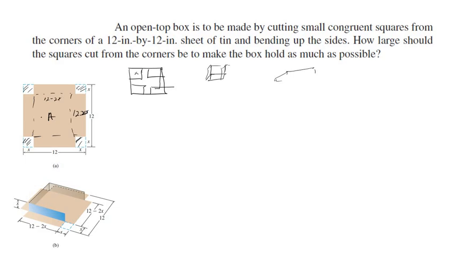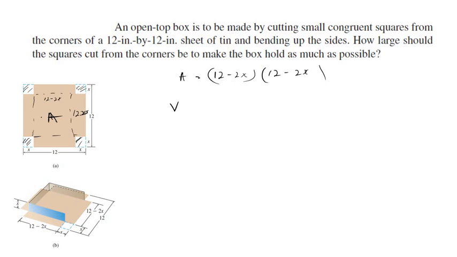The area would be equal to 12 minus 2x times 12 minus 2x. That's the area of the base. And the volume would be area times x, where x is the height of this box when you fold that x area.